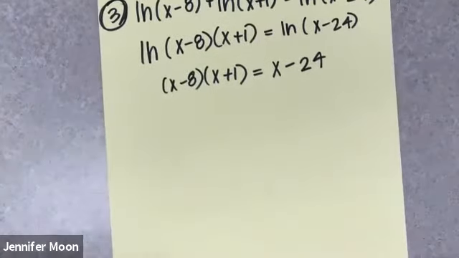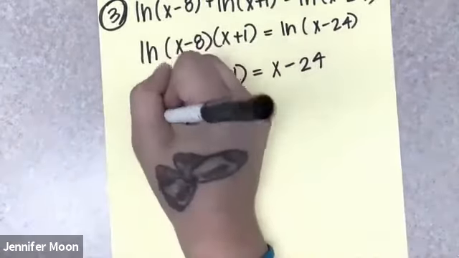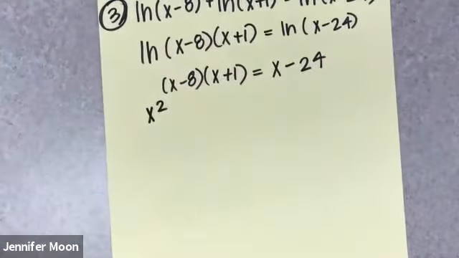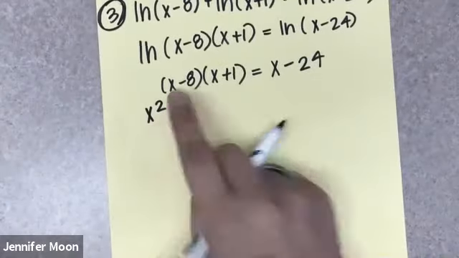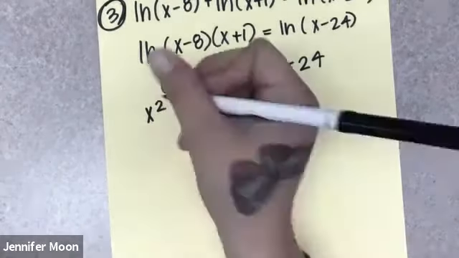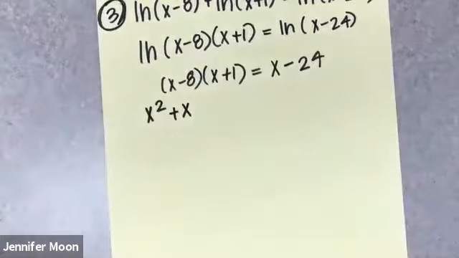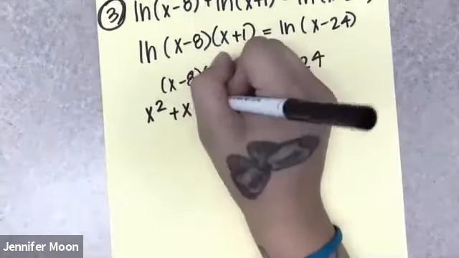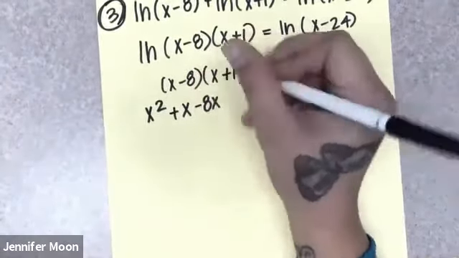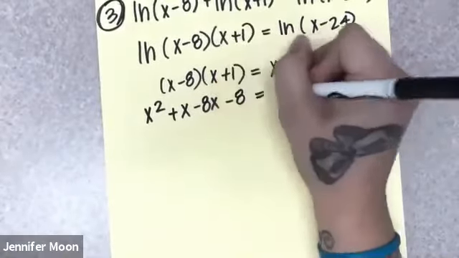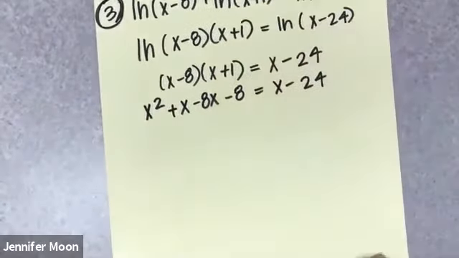So here I have FOIL, right? First, outer, inner, last. You do the multiplication of the first two terms and you get x squared. Then the multiplication of your outer terms, you get a plus x. Inner terms, negative 8x. Last terms, negative 8, equals x minus 24.